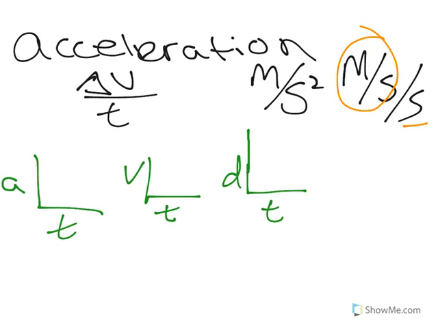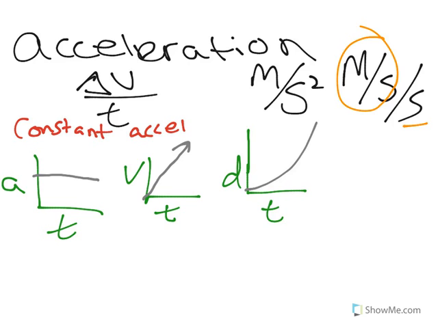In a graph that is acceleration versus time, if it is going at constant acceleration, the acceleration graph will just be a straight line across. All right? If you're looking at a velocity versus time graph, the velocity versus time graph should be a straight line up, a linear graph. Just a straight linear line. And then the distance versus time graph will be curved.